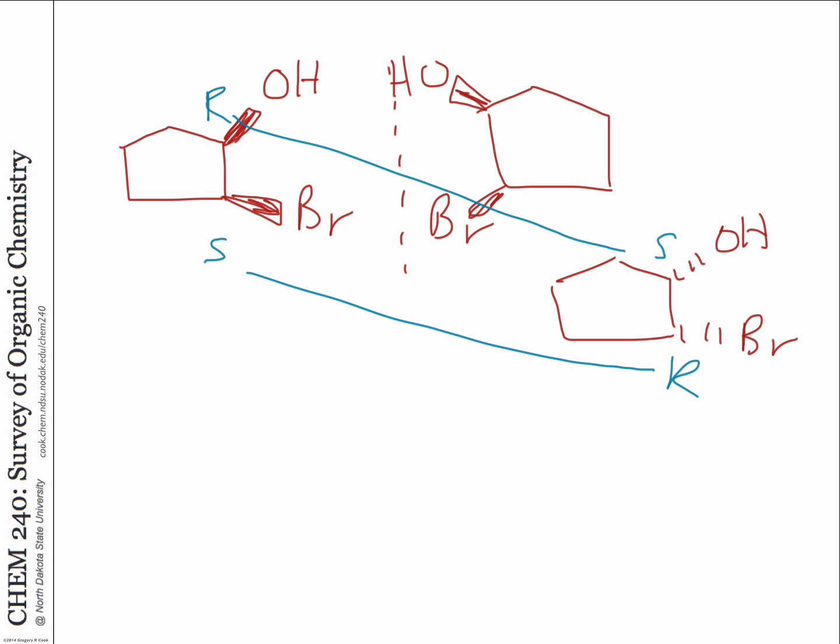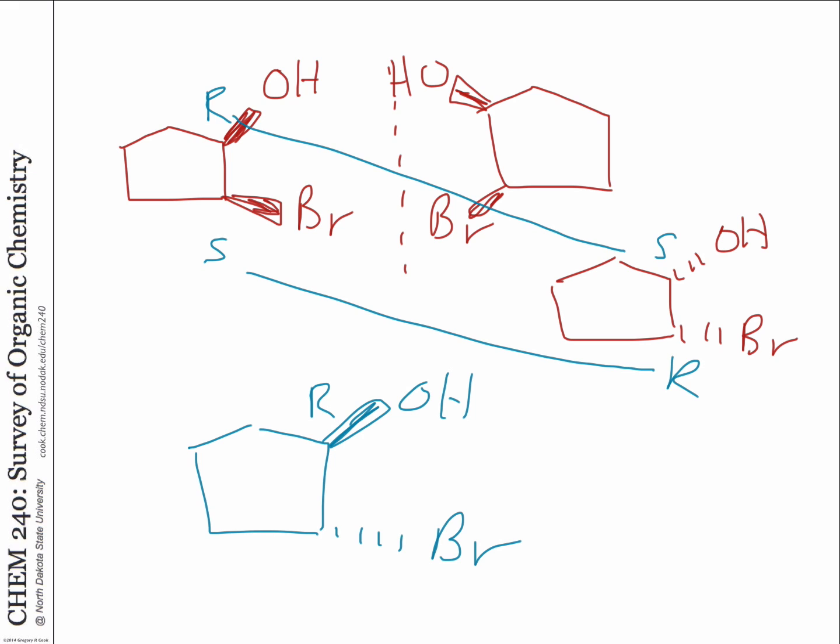Now if I drew this molecule, that molecule now has R for this stereocenter and R for the bromine. So here we had on the top, for example, this one, we had RS and it converted to RR. One is the same, one is opposite.